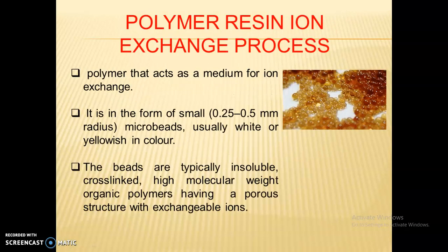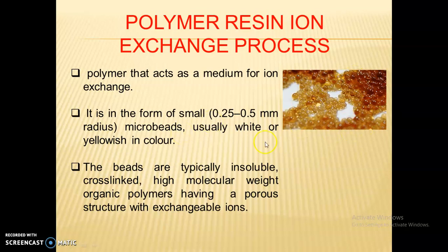Let us discuss how the ion exchange process happens. Mainly, it is a polymer that acts as the medium of ion exchange. It is in the form of small microbeads, usually white or yellowish in color.